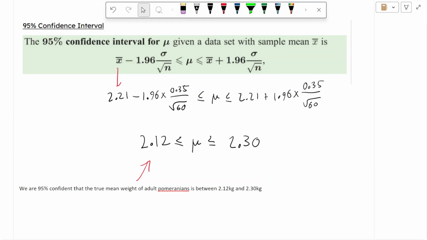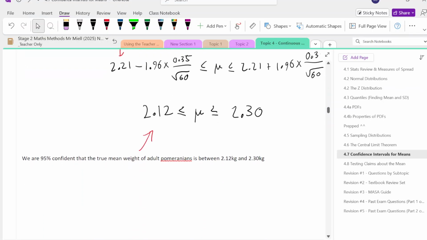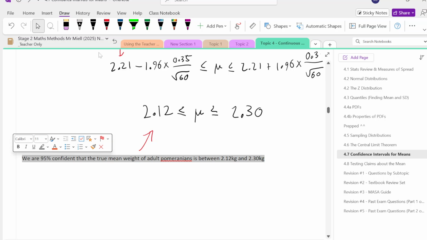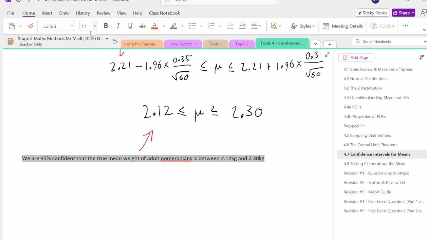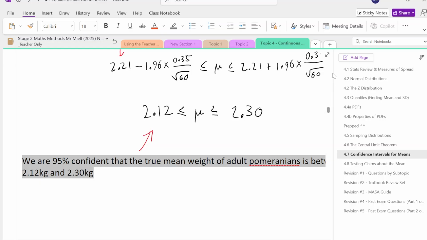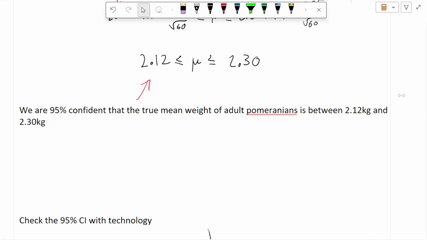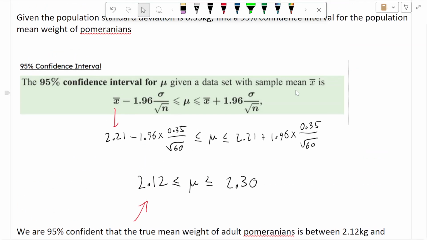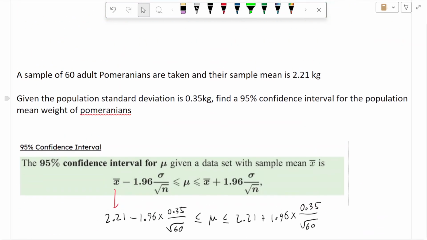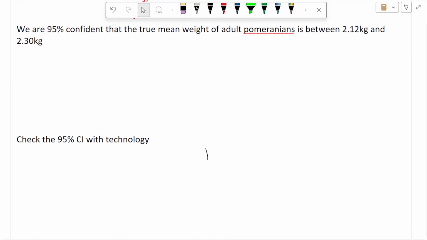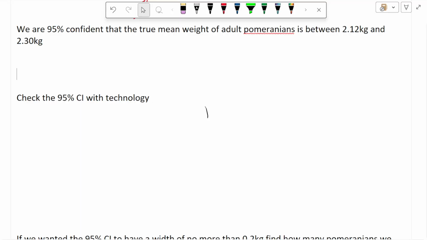Okay, good stuff. So a few things about this confidence interval. It does not say what the mean is. It just says that it's in this range somewhere. And we're 95% confident that it's in that range. It's very possible that the mean is outside the range, just in case we got like a sample of very light Pomeranians or something.